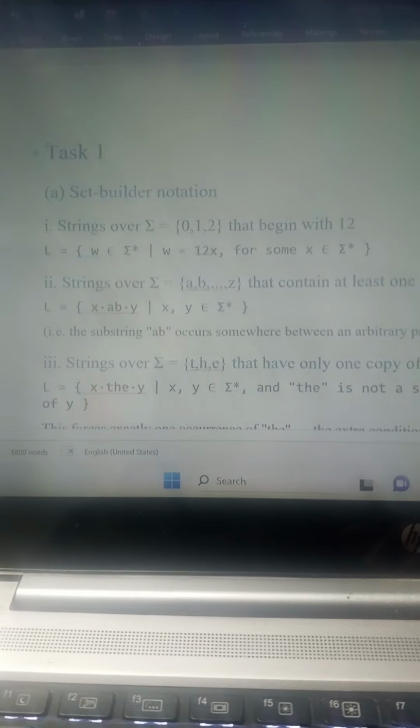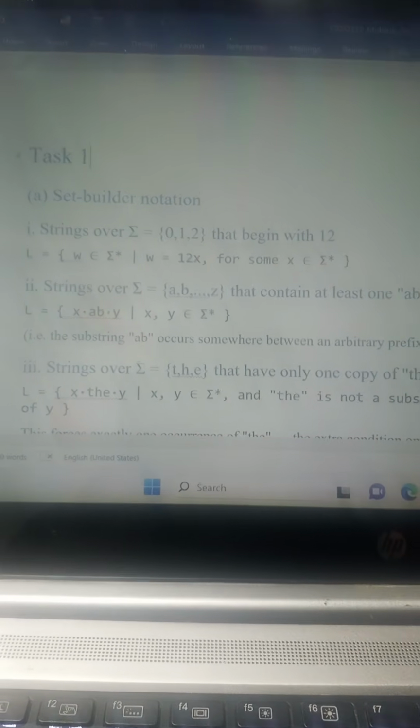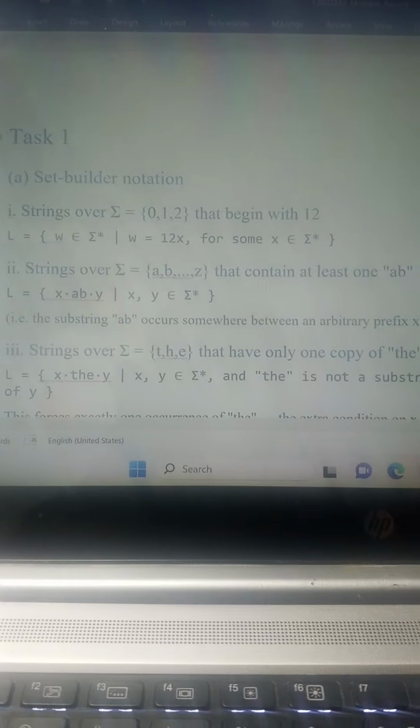So you break it down to x plus ab plus y, and you make sure that ab has to appear somewhere. Hence the language becomes L is equal to x, ab, y, such that x, y is a member of the alphabet star.